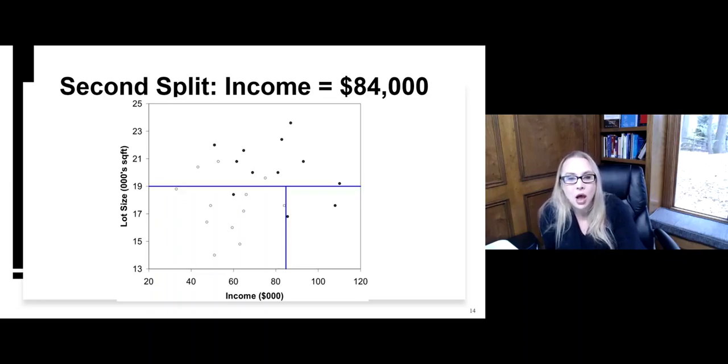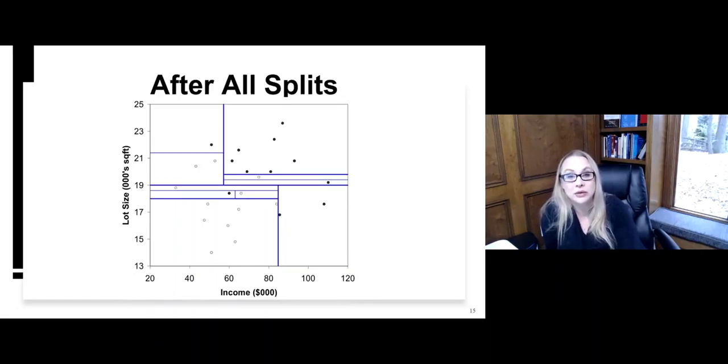That means 100% of the observations in that lower right hand square are going to be owners. So if you can see what we are doing here, all we are doing is splitting up the space between lot size and income to try and create groups within the space to identify individuals who are owners and are not owners of riding lawnmowers.